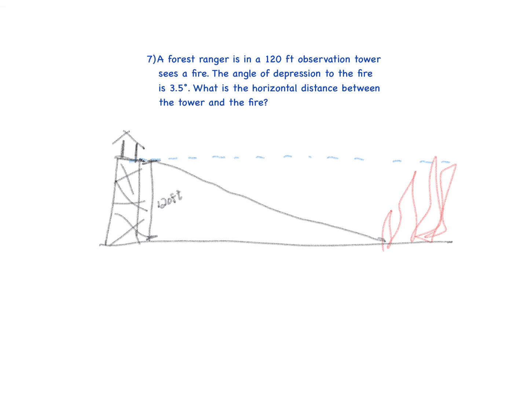So the angle of depression to the fire is actually this angle right here, 3.5 degrees. It is also the same as this one here, by parallel lines, transversals, and alternate interior angles.